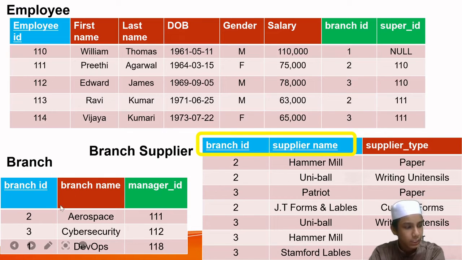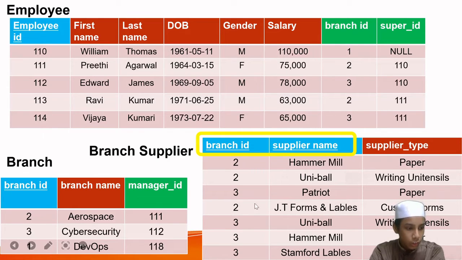In the employee table and branch table we have only one primary key, branch ID or employee ID. But in this table we have two columns, branch ID and supplier name, as the primary key. The branch ID refers to the specific branch and the supplier name refers to the specific supplier.